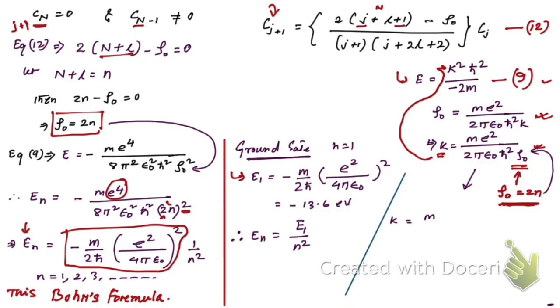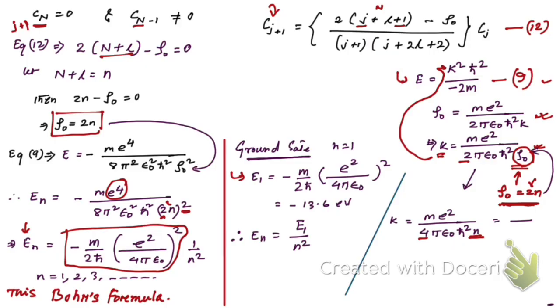And from this expression you can write k in this way: instead of rho naught, if you put 2n here, then 2 and that one is going to be 4. Here we should not get n square, we should get n only, not square.